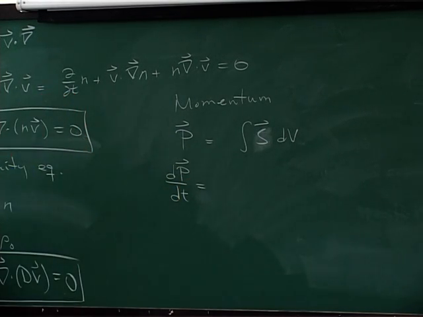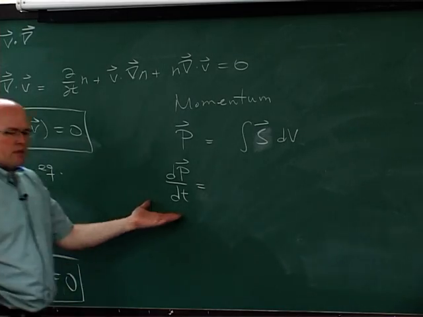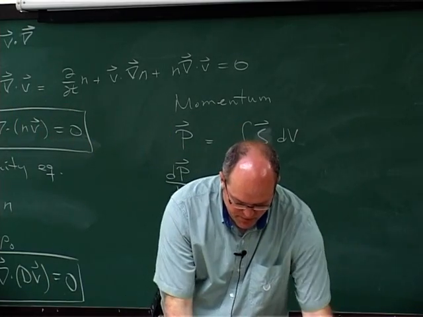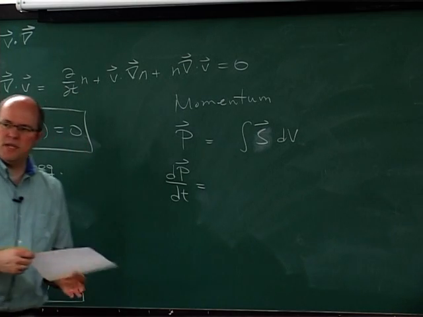Now, the momentum could change in time because this fluid particle could be moving faster or slower at one point or another. That's unlike this case where we knew that mass was conserved. How could the momentum change? Well, I can have forces acting on this.